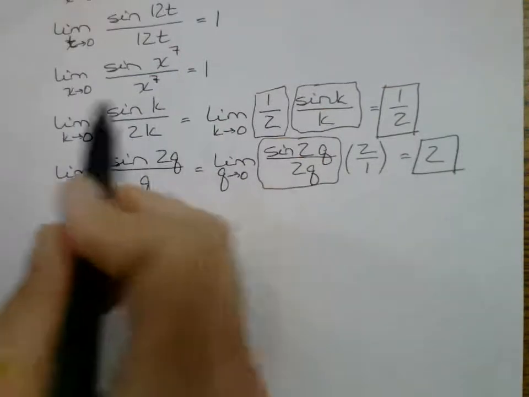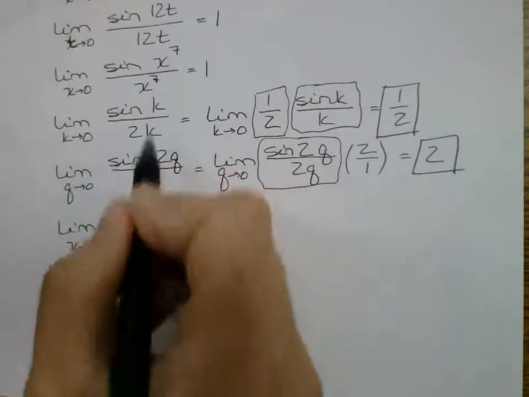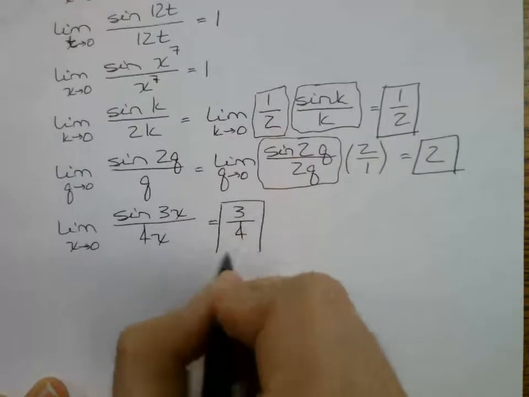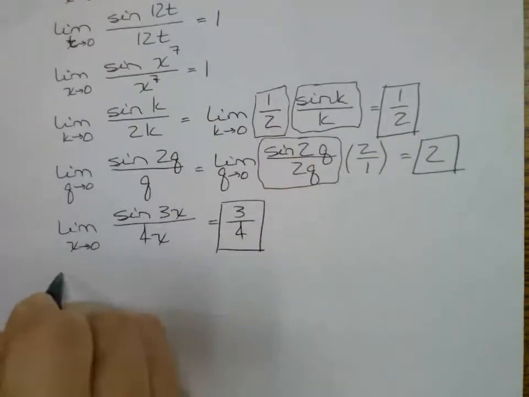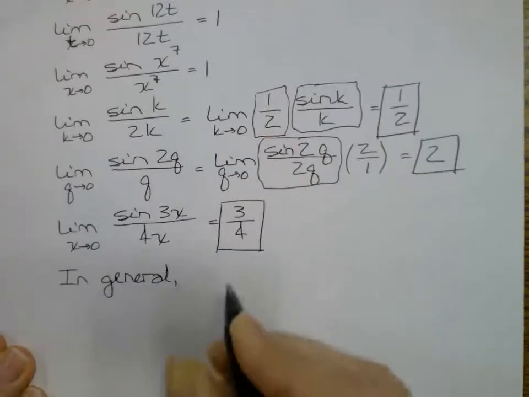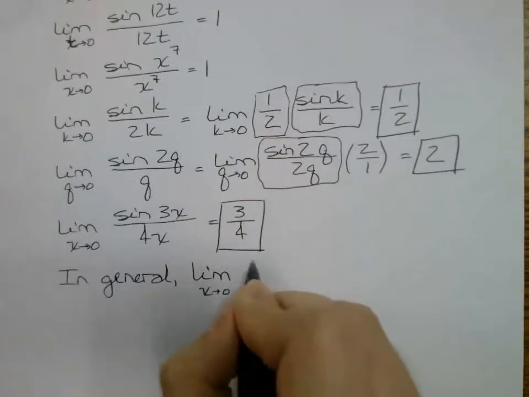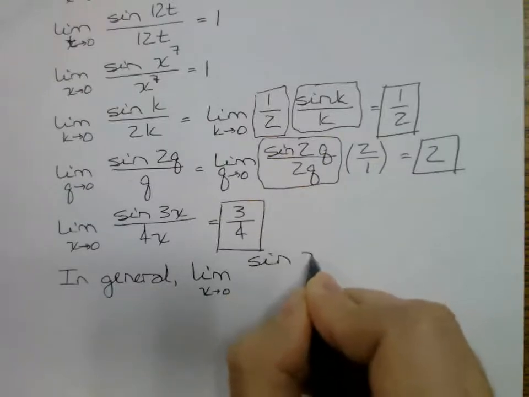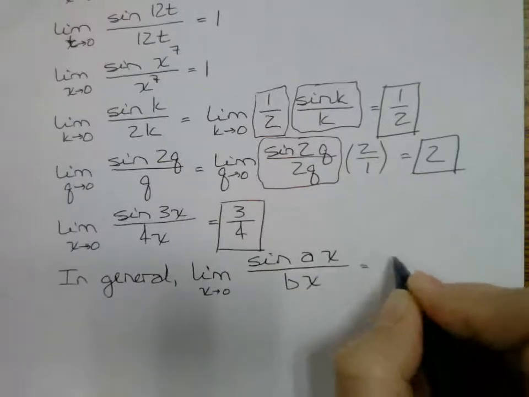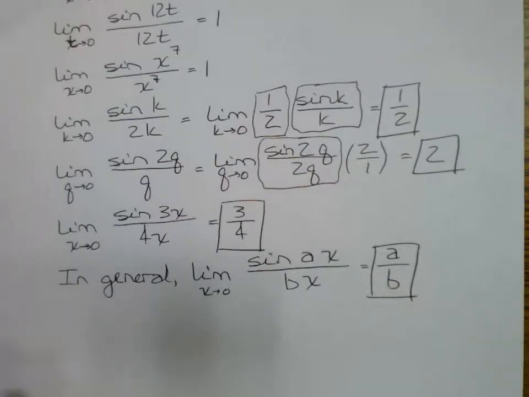I could go through both of these processes with this, but I don't really want to. We're just going to recognize from those last two examples that my limit here is 3/4 without doing anything else. In general, limits like this, the limit as x approaches 0 of sine of a times x over b times x: take the a from the top and the b from the bottom. Generally, that's how those work.